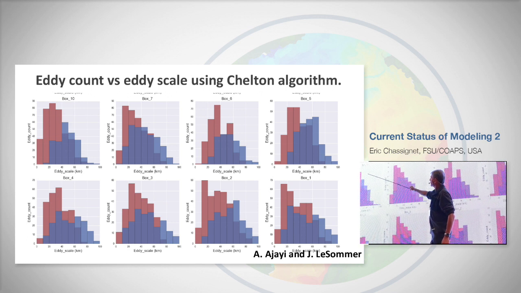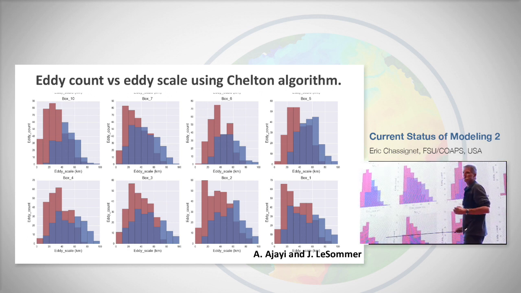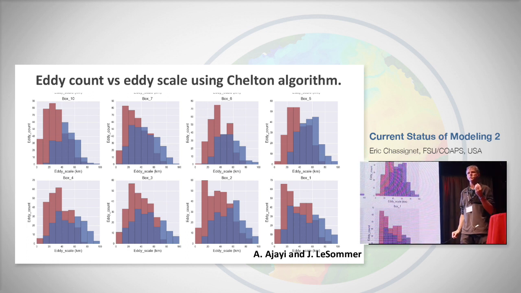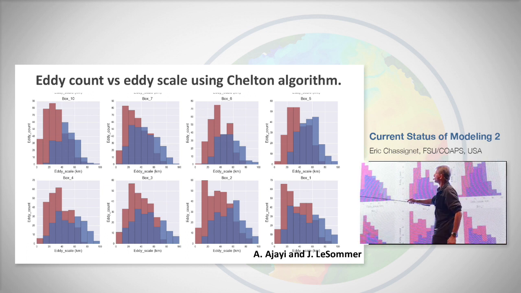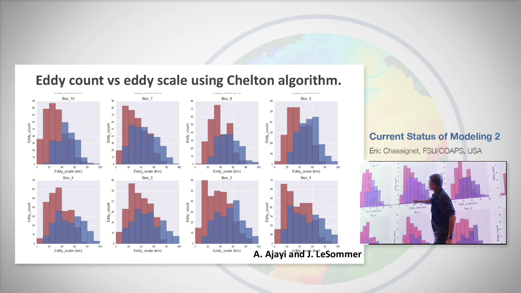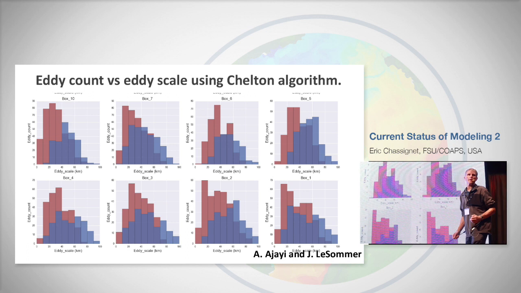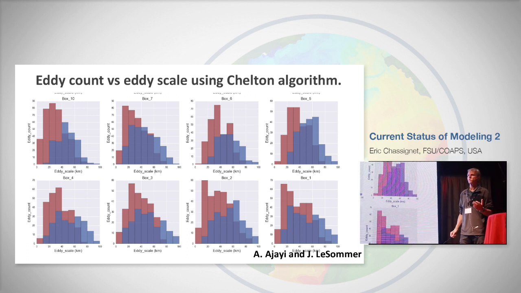What you have is that in NEMO, at 1/60th, you have a lot more smaller-scale eddies, and not that many mesoscale ones. So the tendency for the eddies, the numbers and size, is to be shifted to the left, more in the 20, 30, 40 kilometer scale, instead of being in the larger scale that you see in HYCOM.